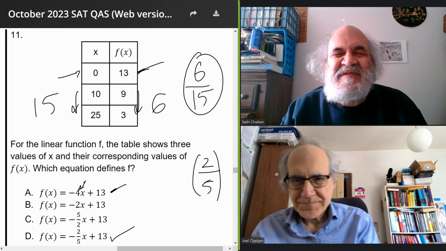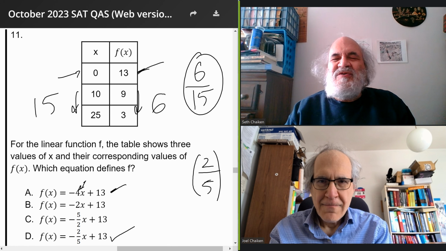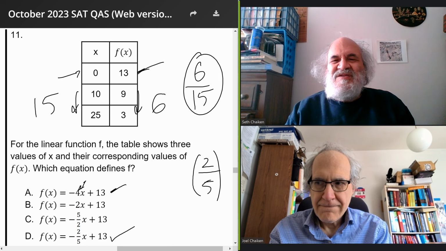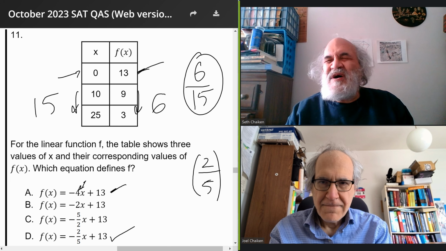Linear means what we need to do first is figure out, for two of the rows, how much the value of f goes up or down when the value of x goes up or down.